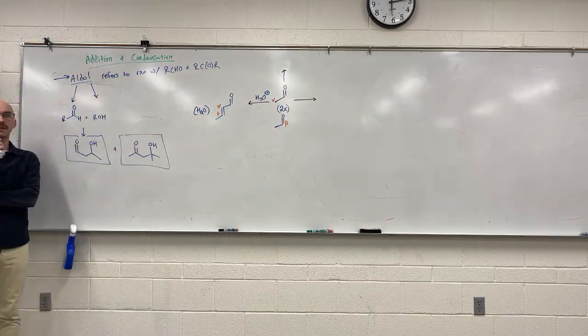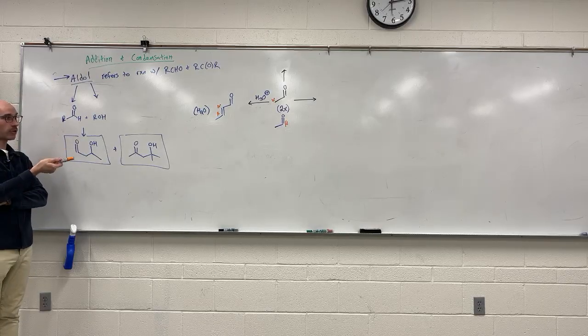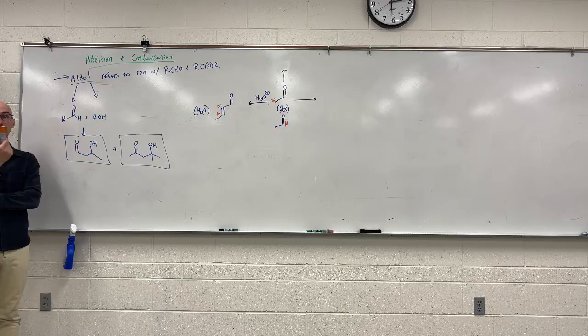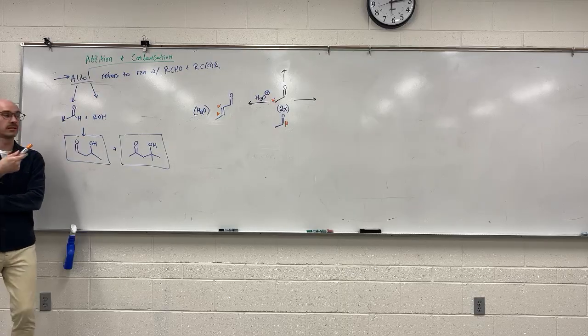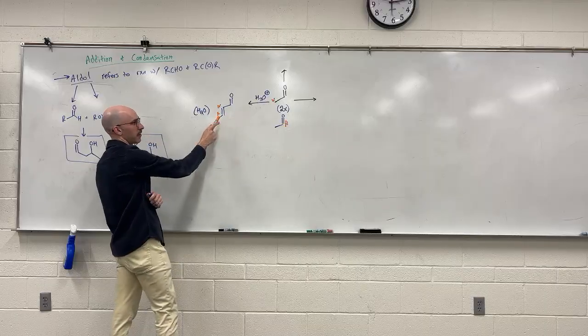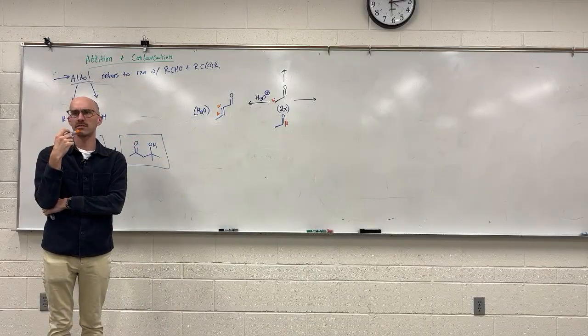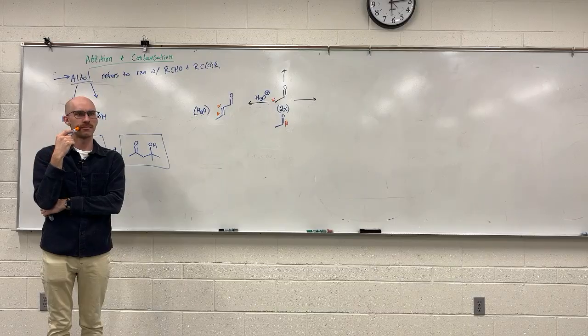So it should be obvious where the oxygen for the water came from. That beta carbon was a carbonyl carbon, and it no longer has an oxygen. So one of the aldehydes has given up its oxygen. Where do the hydrogens come from, though? That's a lot of hydrogens to lose. Where did I lose them from?